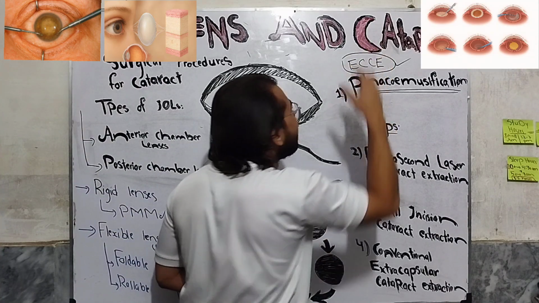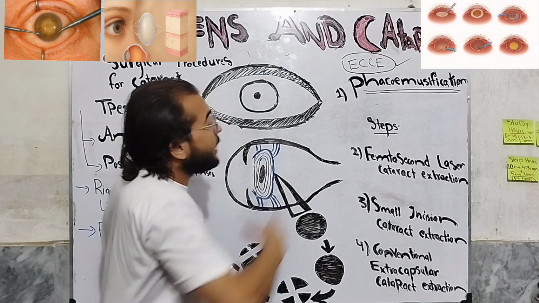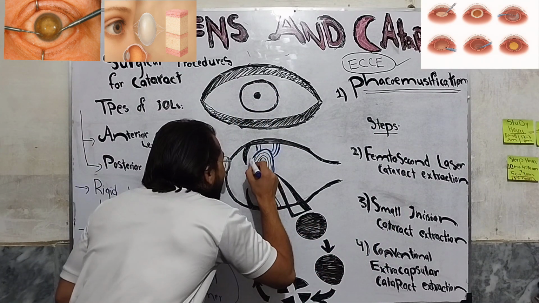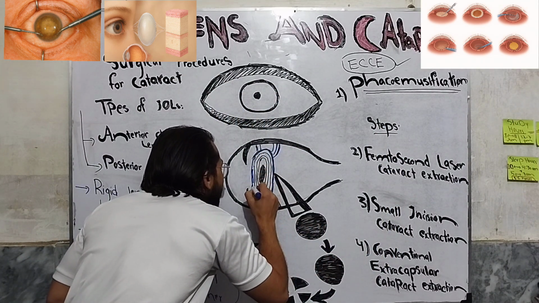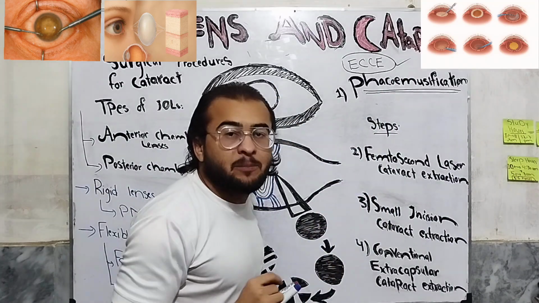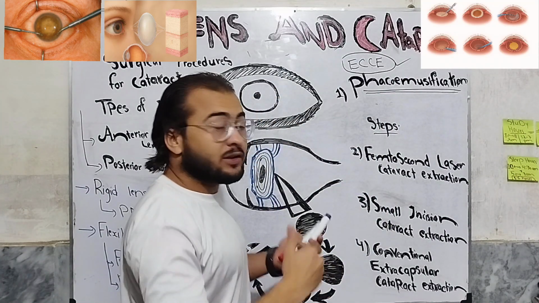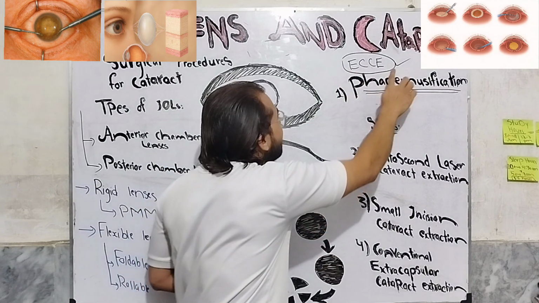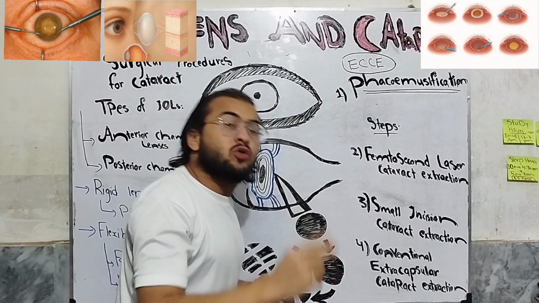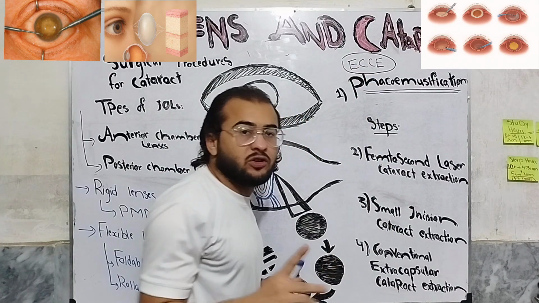This removal can be done through a lot of procedures, and the common procedure will be discussed now. The first one is phacoemulsification. What is phacoemulsification? Now we will discuss this procedure step by step. Remember, two steps are common in all these procedures.